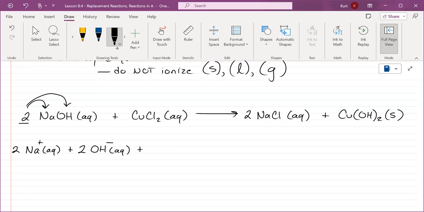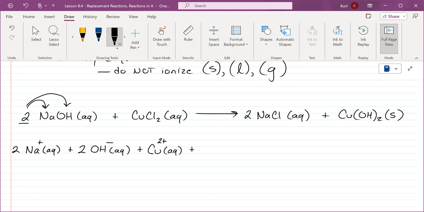Okay. How many copper 2s were there? Connor, how many? Yeah, 1. So you just write copper, and I said copper 2, so what is the charge of it? +2, and it is aqueous. Now, this is going to be a part where I bet some of you may have messed up, and that's fine. Learn from it.